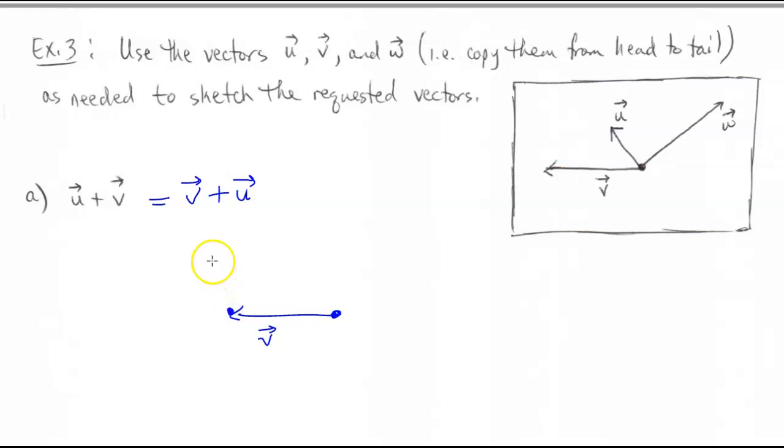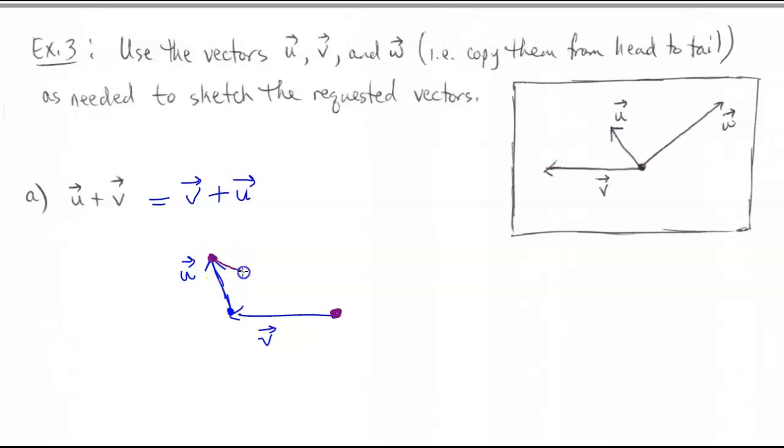It's going to have the same kind of directional angle, but be shorter, okay? And then from there, the resultant vector is going to be the vector that starts here and ends here, okay?